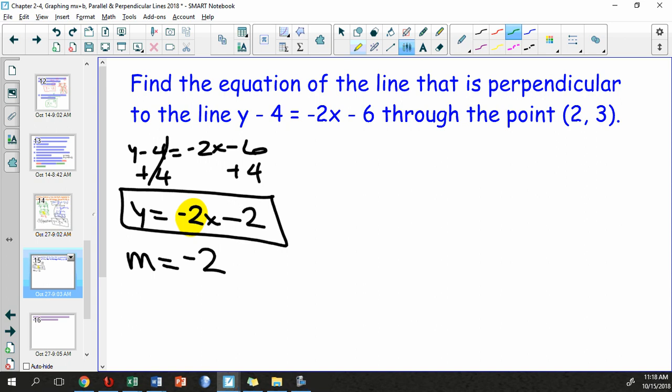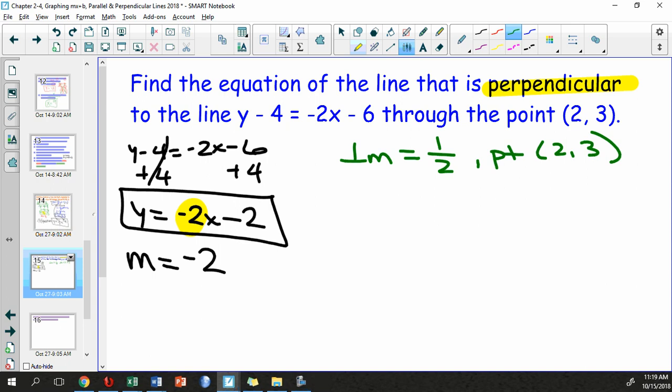Why is that important to me? Because I need to find the perpendicular slope, which is going to be what? Positive 1 over 2. Do we all understand that, yes or no? Positive 1 over 2. And I'm going to use the point that they gave me, which is 2, 3.